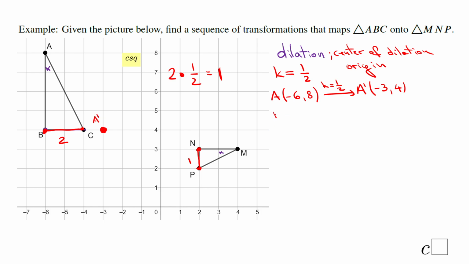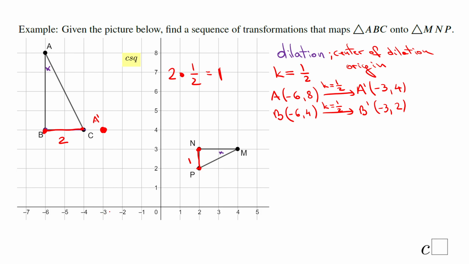Let's go to B. B is -6 and 4. And again, the same scale factor, 1/2. So we're gonna have -6 times 1/2, that is -3, and 4 times 1/2 is 2.